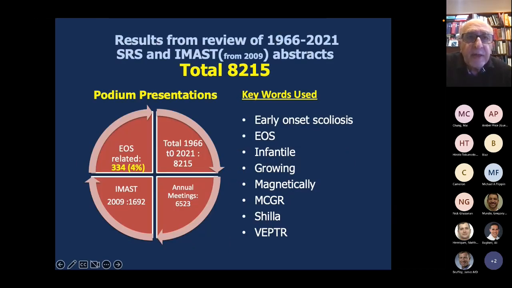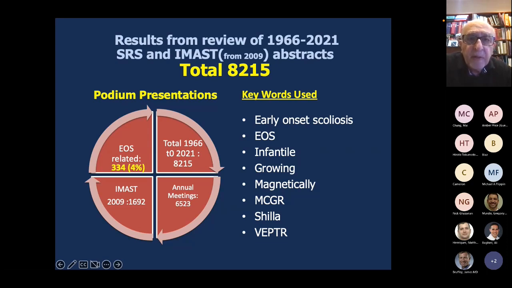If you look at the result of reviewing the podium presentations of SRS, all there at the SRS website, you can go there from 1966 to 2021, but from 2009, there were 8,215 podium presentations.